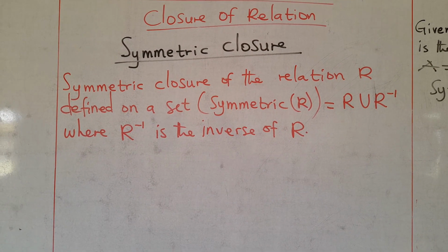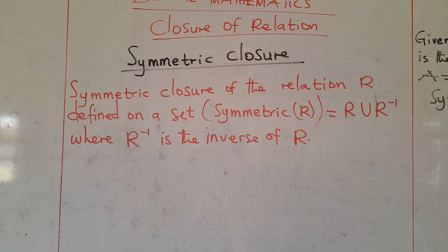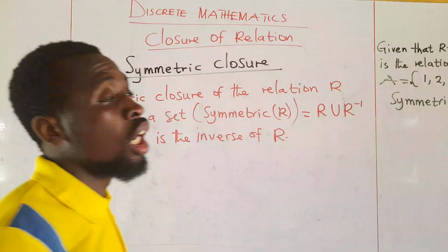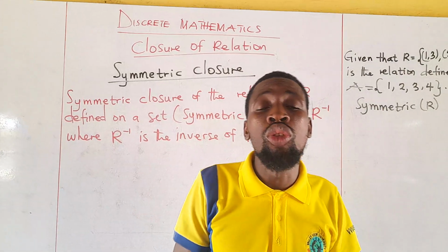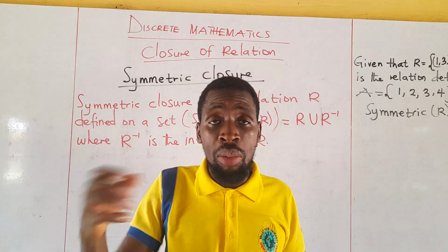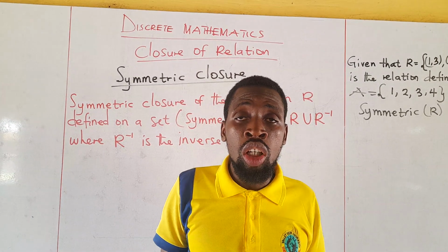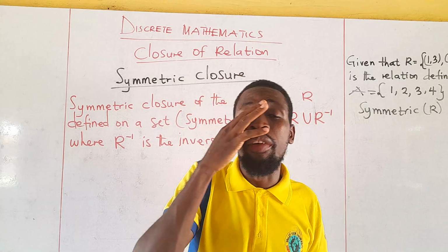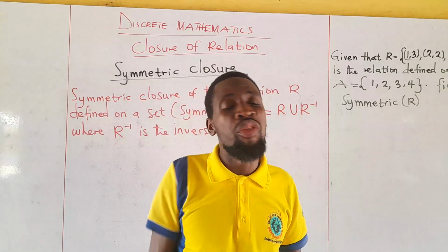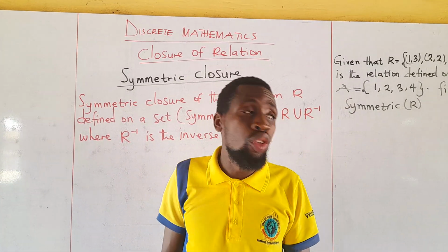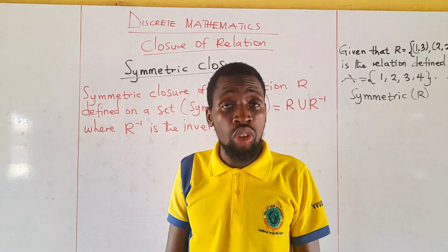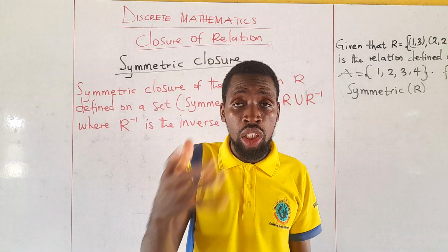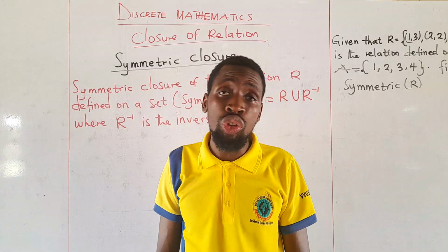So when we talk of symmetric closure to a layman, the symmetric closure of a relation refers to all the possible ordered pairs that must be added to a relation, plus the relation itself, that will make the relation absolutely symmetric. Please check out my videos on the symmetric property of a relation, the reflexive, and all other properties of a relation on YouTube.